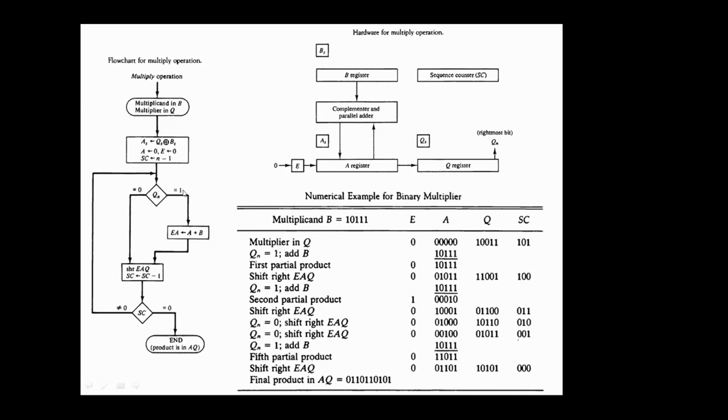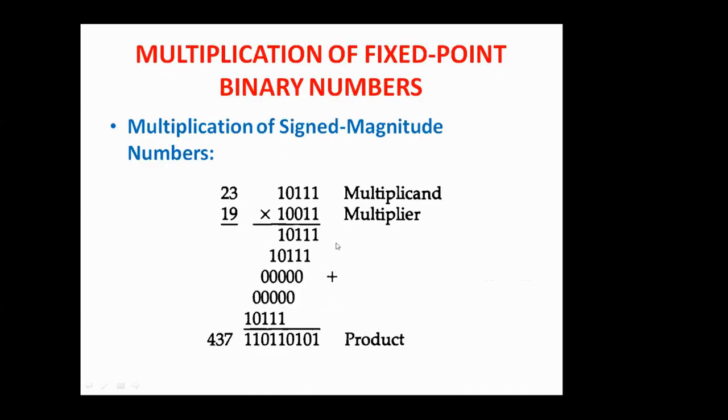So where did this logic come from? It has come from here, because in normal multiplication we also do a similar thing. When this is multiplied by 1 we get this, then we get a second row, then we do an addition, and there must be a right shift here.